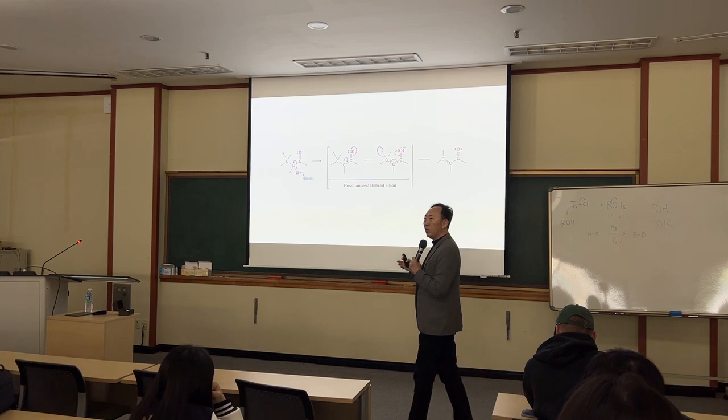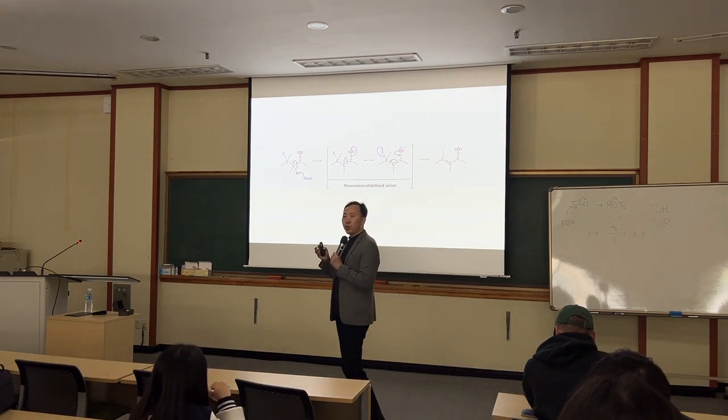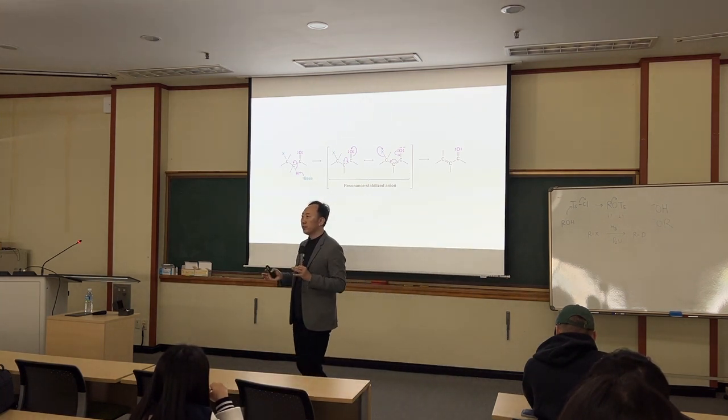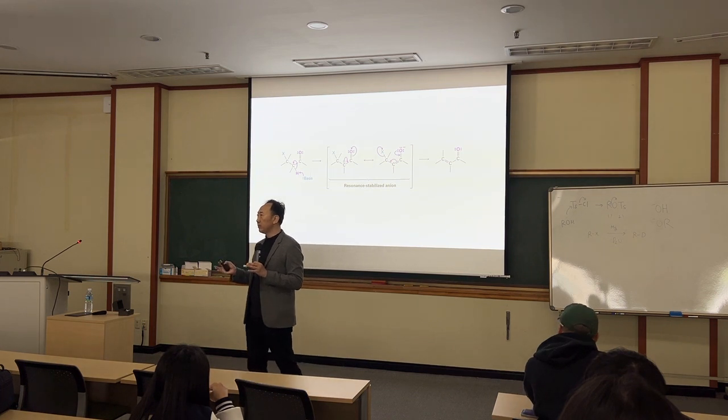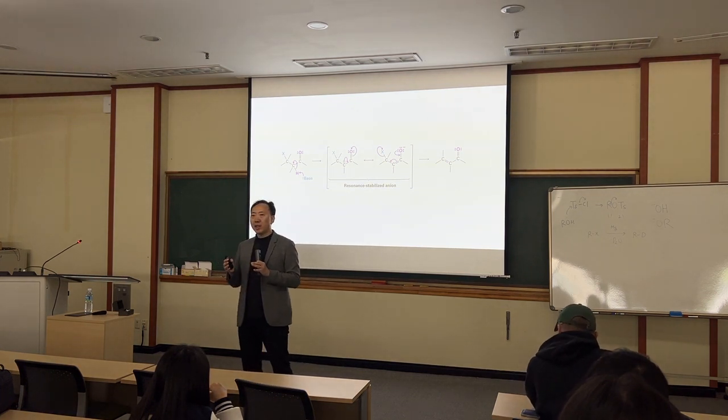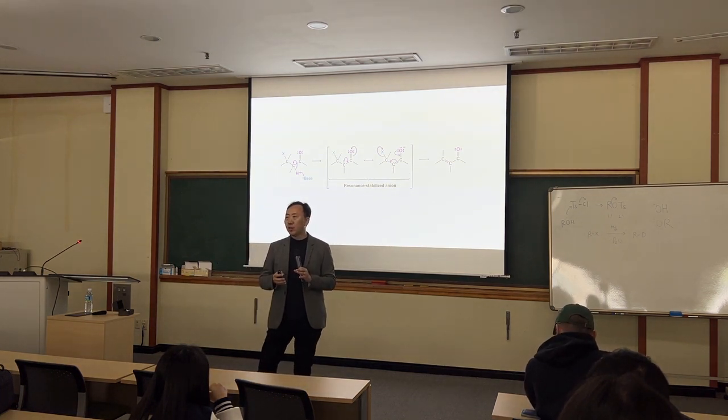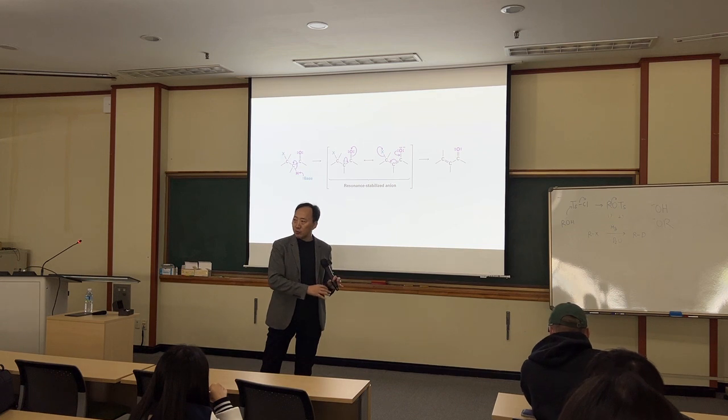To get E1 or SN1, you need to have a polar solvent to stabilize the carbocation. To get the SN2 reaction fast, you avoid protic solvent so as not to stabilize the nucleophile too much.